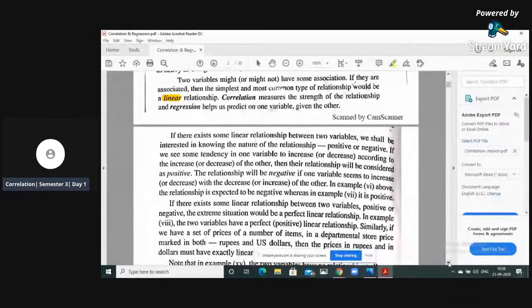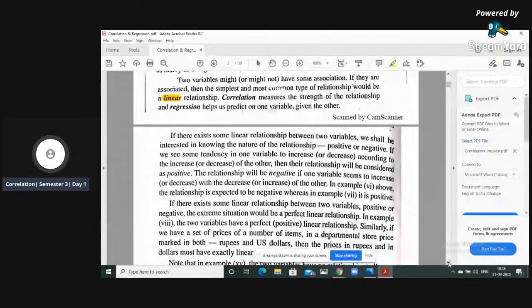Now, if there is a linear relationship, then it can be positive or negative. Positive in the sense that if we see some tendency in one variable to increase according to the increase of the other variable, then their relationship will be considered positive. However, if one variable decreases and the other one increases, or vice versa, then the relationship will be negative.